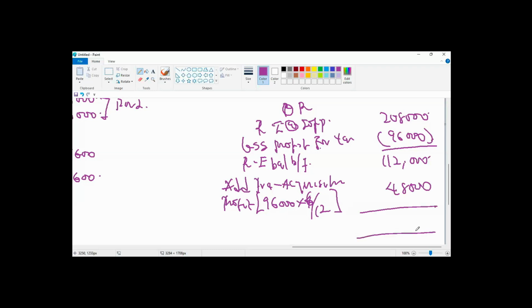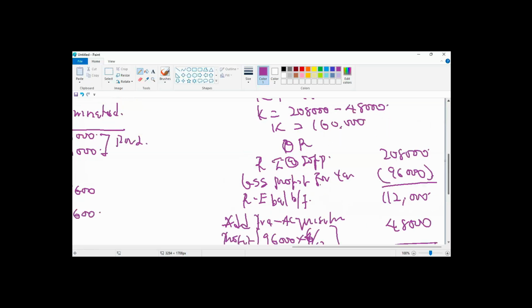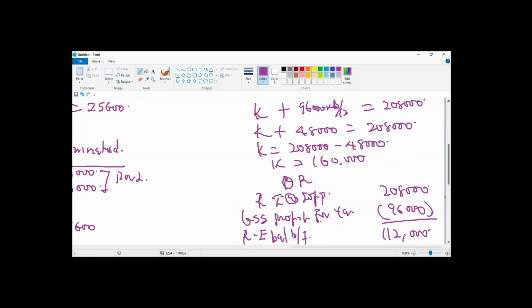If I add it to it, it will still give me 160,000. This is what is your income pack. But I like the first method because it makes the job faster. Now I have gotten the retained earnings at the date of acquisition. So I can get the net assets at acquisition. Good.